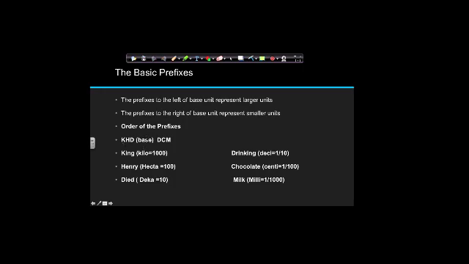A kilometer is larger than a meter. A hectometer is larger than a meter. A decameter is larger than a meter. The prefixes to the right represent smaller units. So deci, centi, milli would be smaller than the base unit. A centimeter would be smaller than a meter. A millimeter would be smaller than a meter.